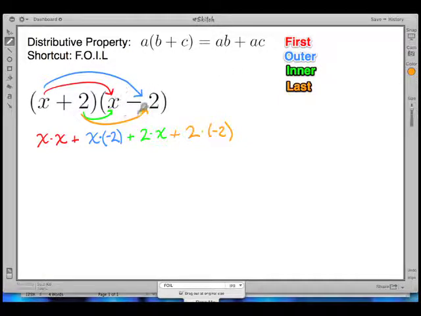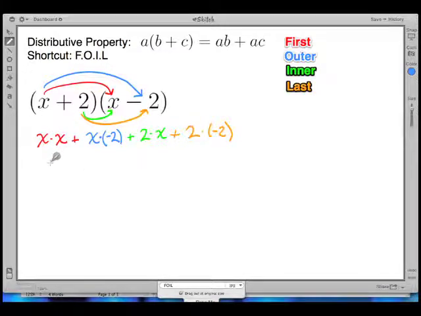Remember, this minus sign in our second factor here means that anytime we multiply by this term, it has to be by negative 2, not positive 2. And that way we keep our negative sign straight after we use FOIL. So let's start simplifying.